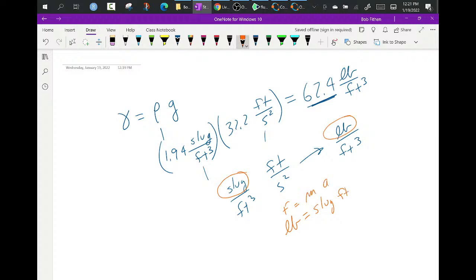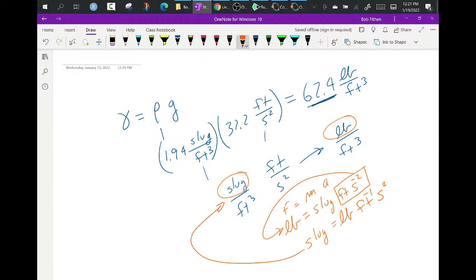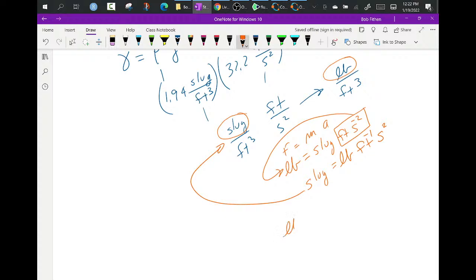Acceleration is feet per second squared, so I can take the -2. If I want to, I can say a slug is equal to a pound times second squared per foot. I took these two to the other side, and I end up with that. So I can put it in here, and I'm replacing the slug with this: pound, foot to the -1, second squared, foot to the third, foot right here, and second squared.